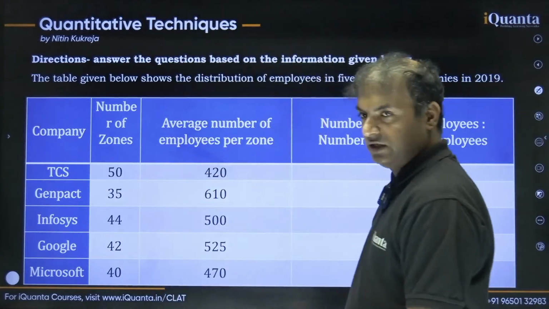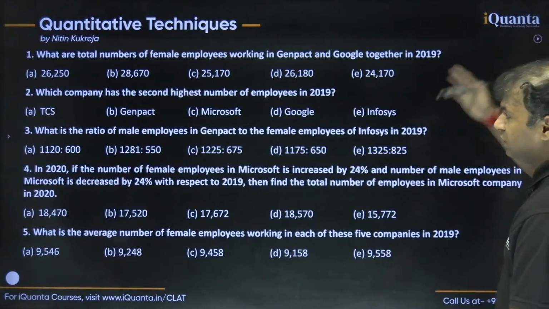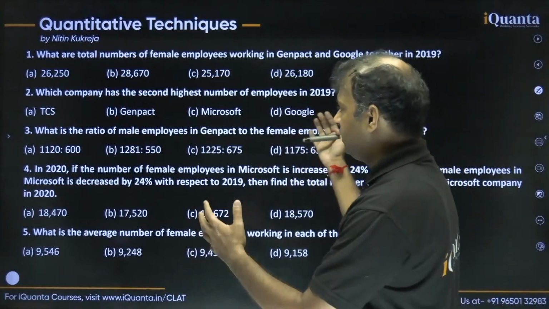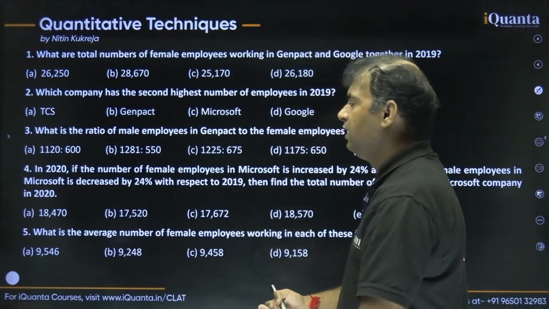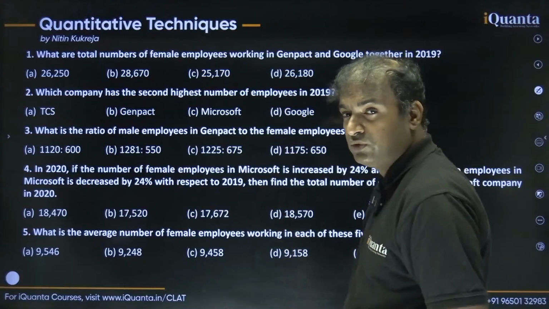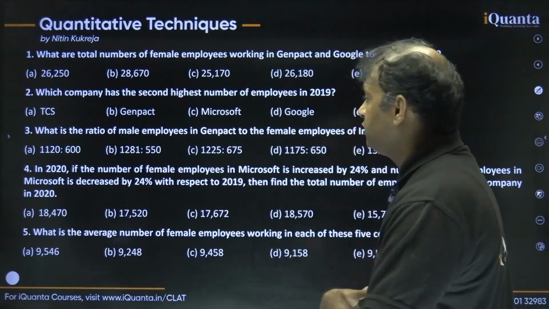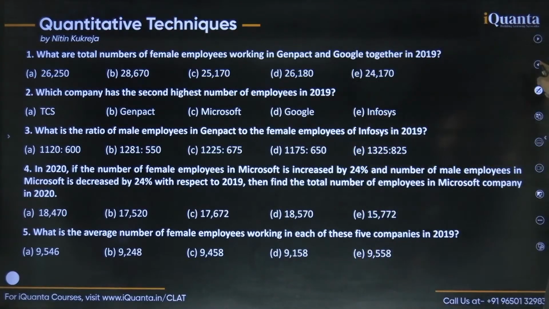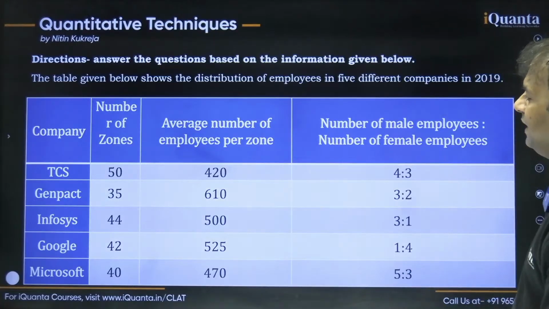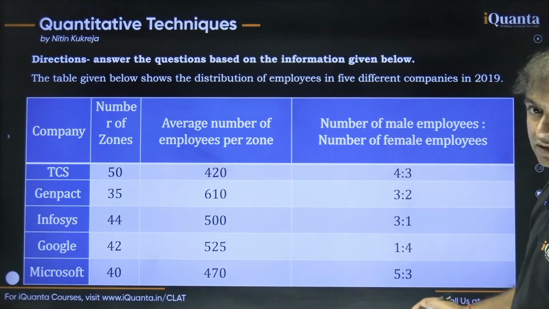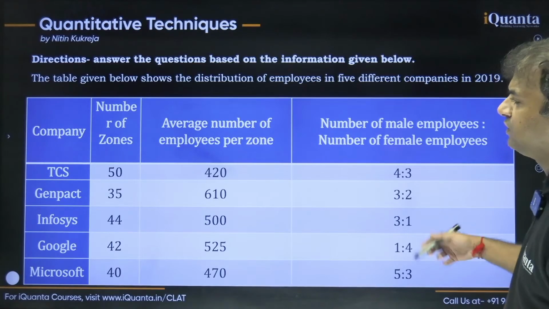If you read the questions, they talk about the number of male employees as well as female employees. So it is better to find out the number of male and female employees in advance, and then get the final data to solve the questions.